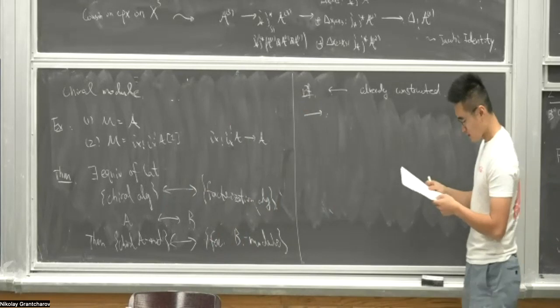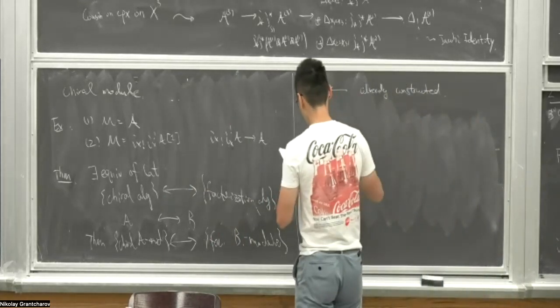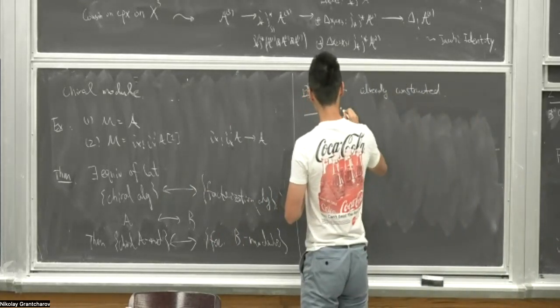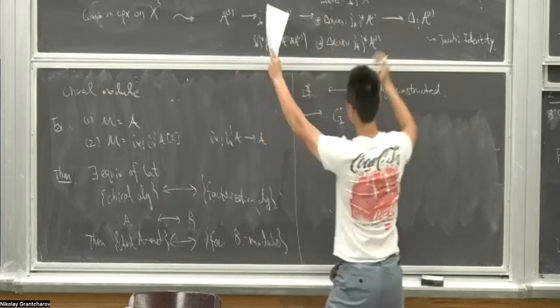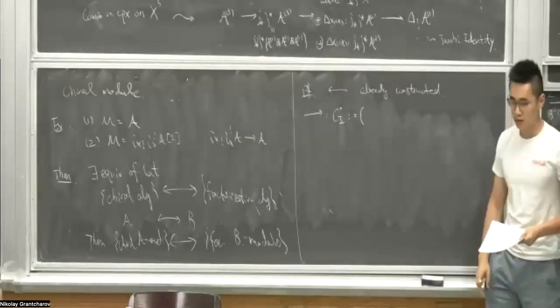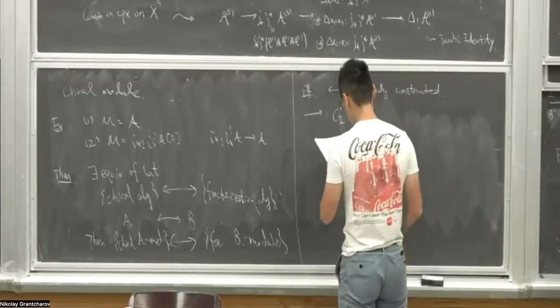So let's define C_I dot to be the thing I just said, the truncated version from the first strata to the bottom strata without the full code.